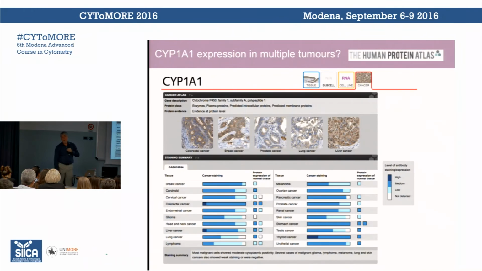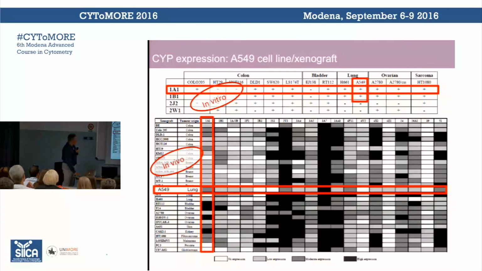But virtually all tumours have all of these cytochromes in place for activation of this prodrug to its active form. But you have to be aware, if you start selecting cell lines to look at this, cell lines are very selective in terms of the cytochrome P450s or heme-based molecules that they express. So you can get, for example, cells that express the right type of cytochrome P450 and some that don't. So choosing the right test system is really important.